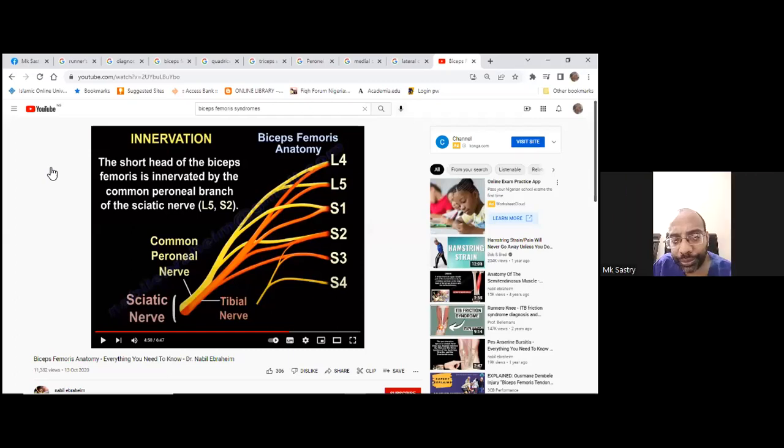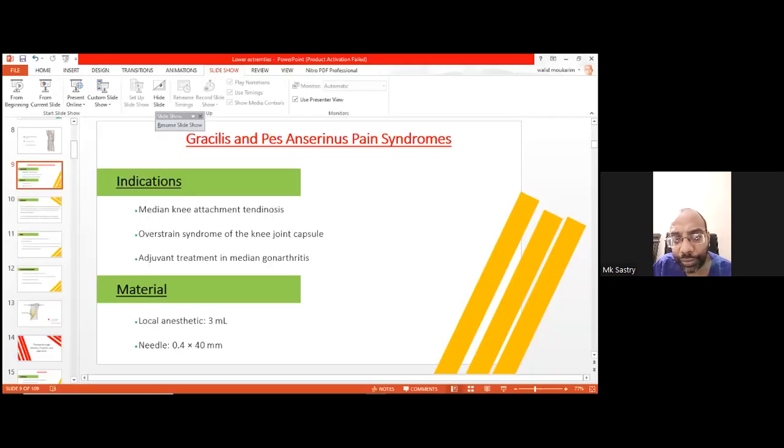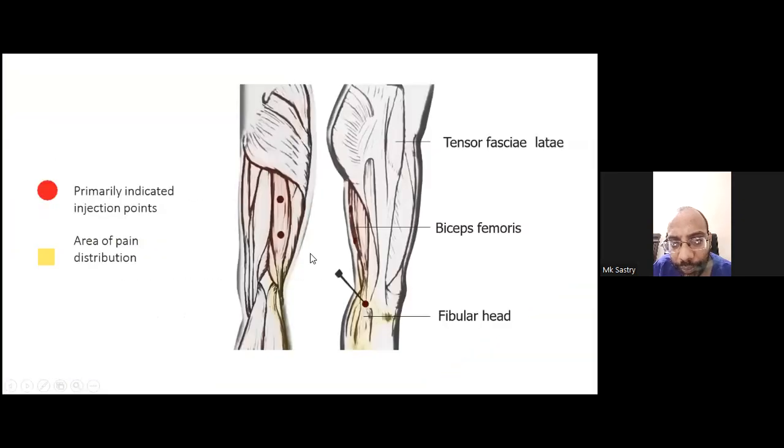Go to the points. Here you can see how the common peroneal nerve comes from S2. These are the 2 points in the back.